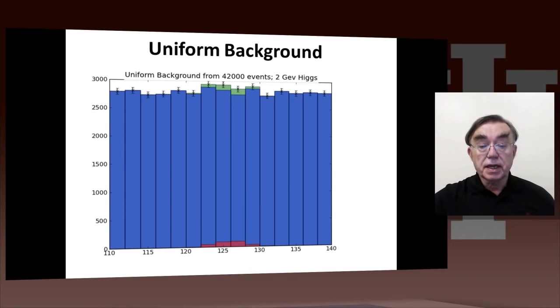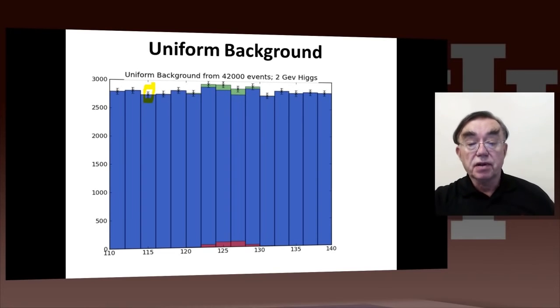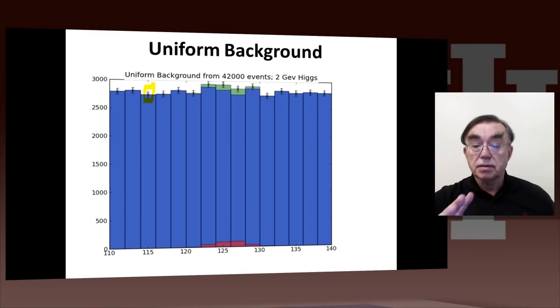So given that, we get this plot here, and you can see, we have these error bars here. I've shown you those on previous pictures. Here we actually give you the Python to produce it. You can see, by construction, the crosses, the markers at the error bars, are always at the top of the bin value.